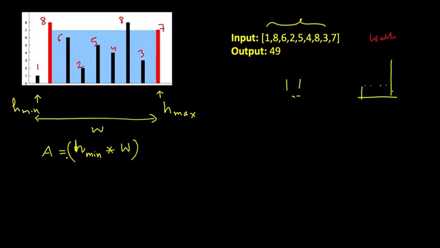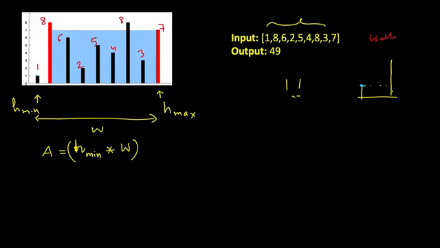But this may not be the maximum area, because there may be some bars which are closer together, at a smaller width, but they are very high, and so the overall area can be more, but you don't know that. So you are looking for a smaller width. There is no point in keeping this minimum fixed and moving the other, looking for a bar higher than the maximum, because the height of water is governed by the minimum wall.